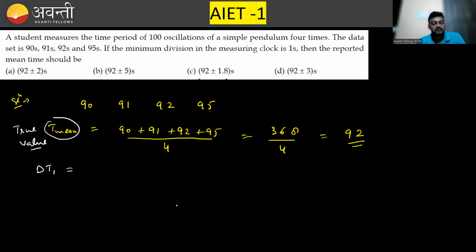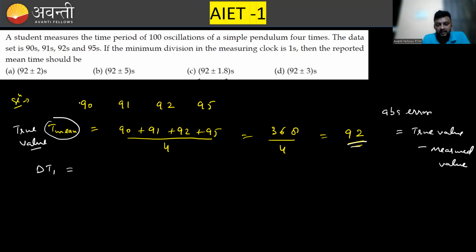What is delta T1? Delta T1 is the absolute error in the first measurement. Absolute error is true value minus measured value. Clear?